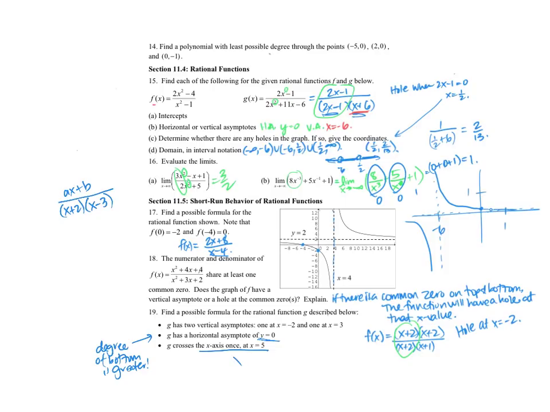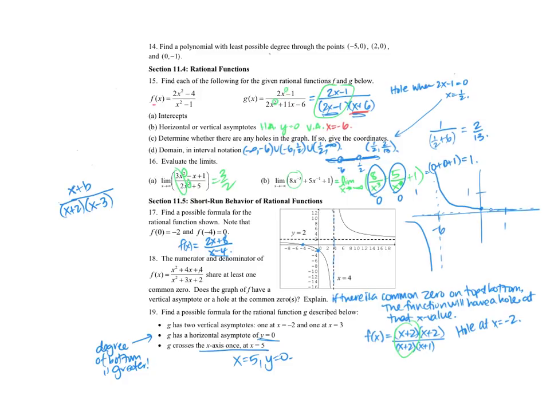Then it says it crosses the x-axis once at x equals 5. So that means that when x equals 5, y equals 0. So if I plug in 5 for x, I get 0. So maybe I can erase this a. Whoops, that was a really big eraser.